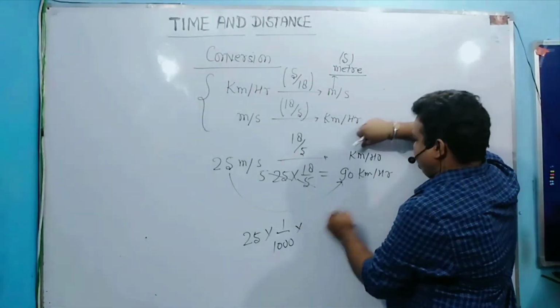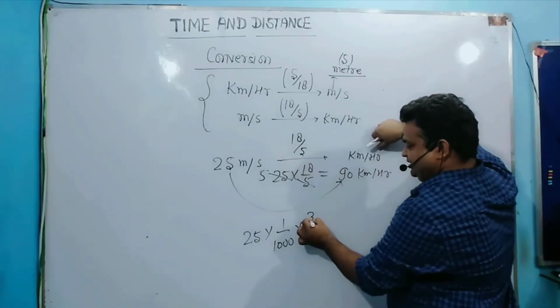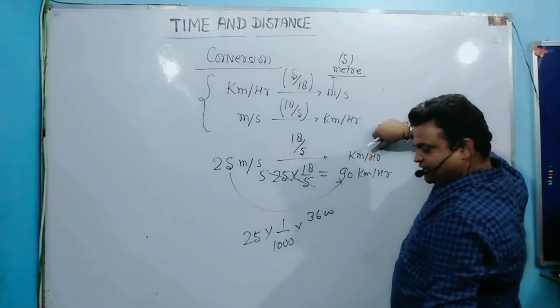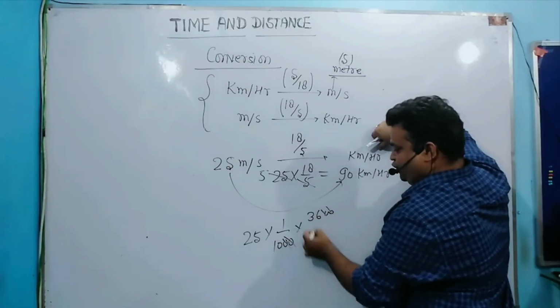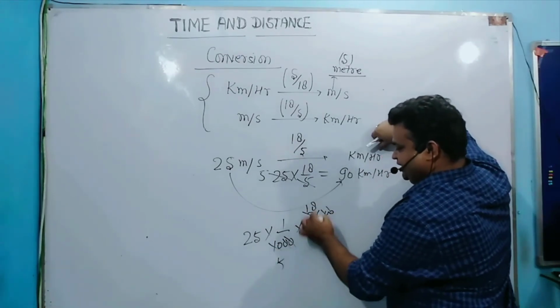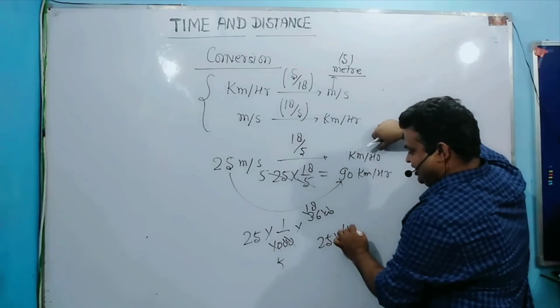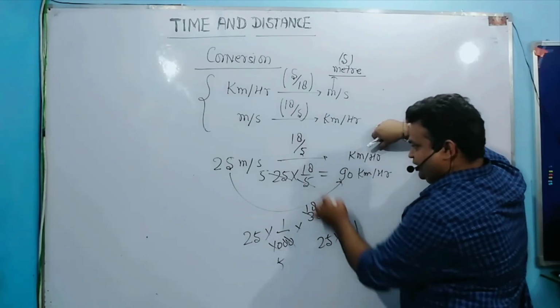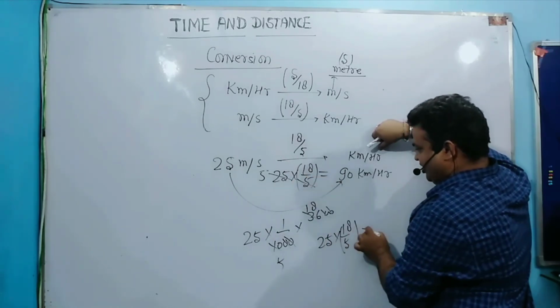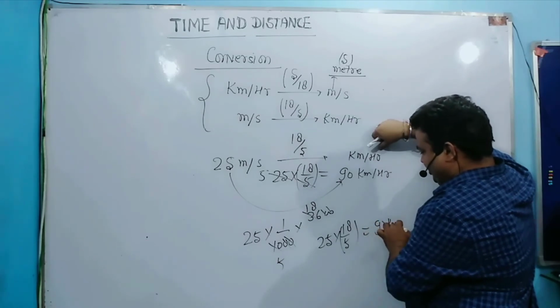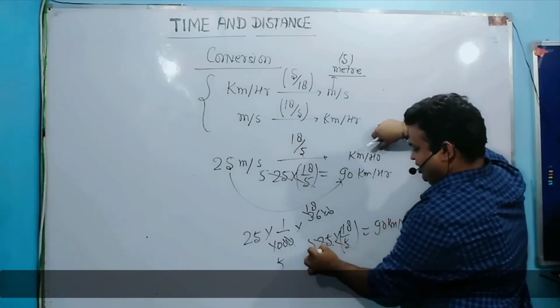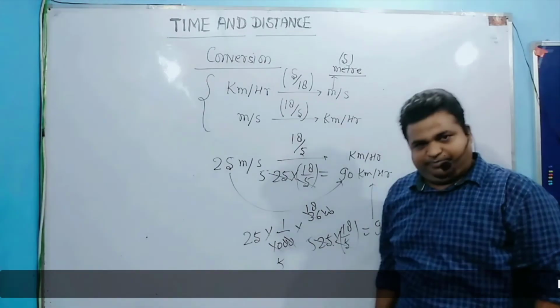Multiply by second. Second is 1 hour in how many seconds? 3600, sir. 3600 is the second value. 25 gone. This value is 5. This value is 18. Again, you will have the same result, 18 by 5. So 18 by 5 is your multiplying factor. You will get 90 kilometer per hour after cutting this value. So you will get the same result.